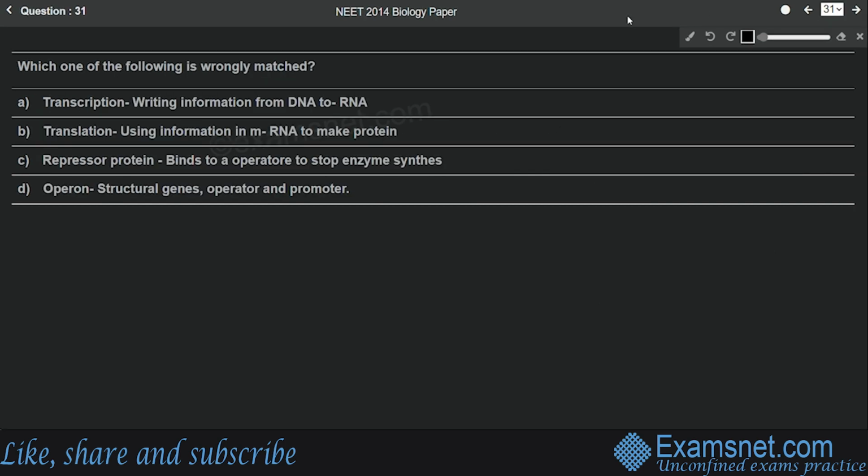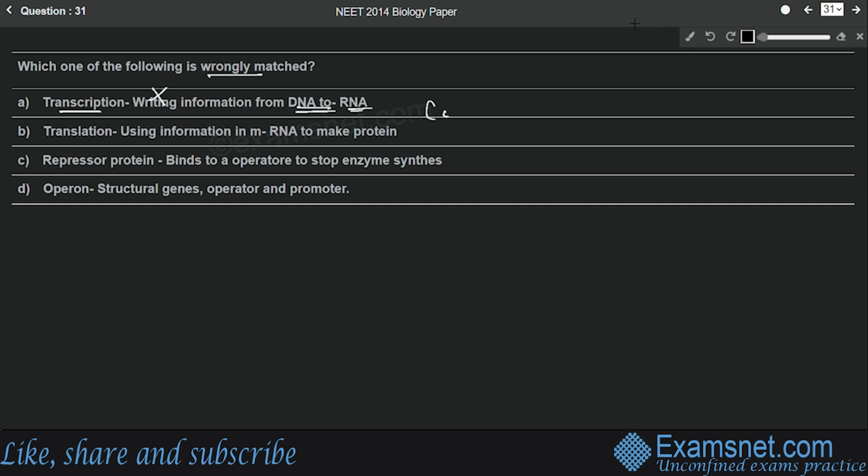Question number 31 is from the chapter Molecular Basis of Inheritance, and the question is, which one of the following is wrongly matched? So the first one is transcription, and it is matched with writing information from DNA to RNA. So it should not be writing. Transcription is basically copying the genetic information.